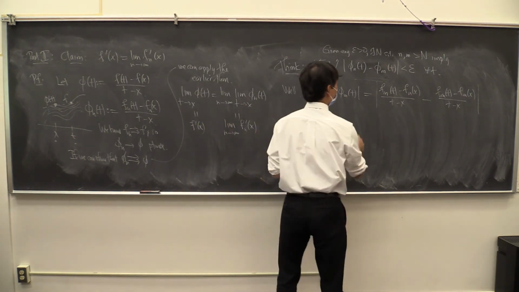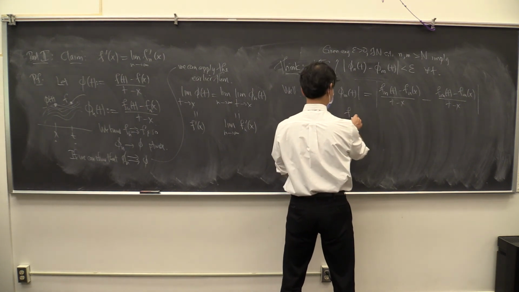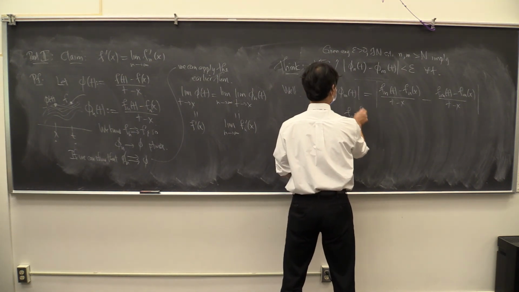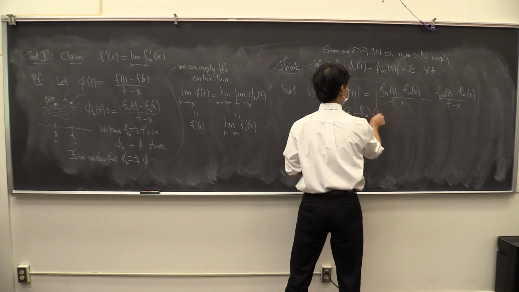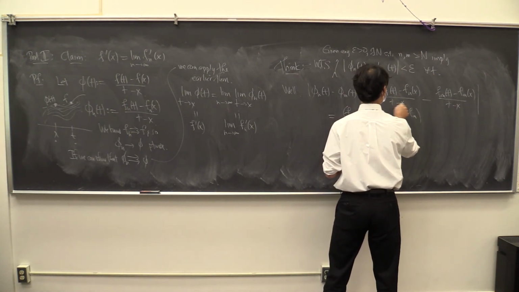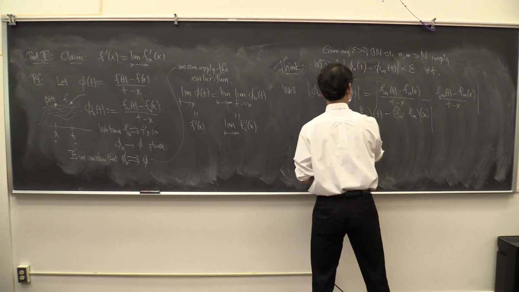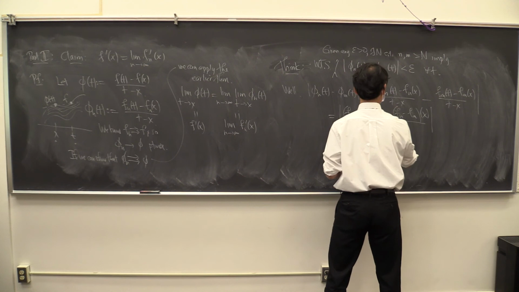And I'm going to rewrite that as (f_n minus f_m)(t) minus (f_n minus f_m)(x), over t minus x.